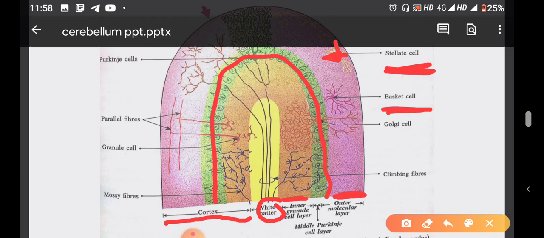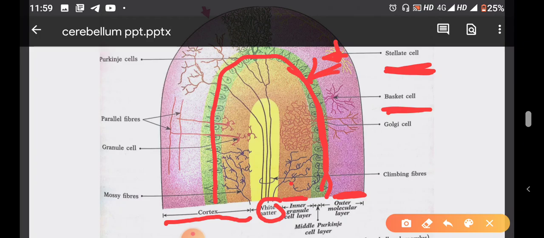Granule cells are present in the granular layer, and the stellate cells form synapses with the dendrites of Purkinje cells, which lie in a single layer in the Purkinje cell layer.